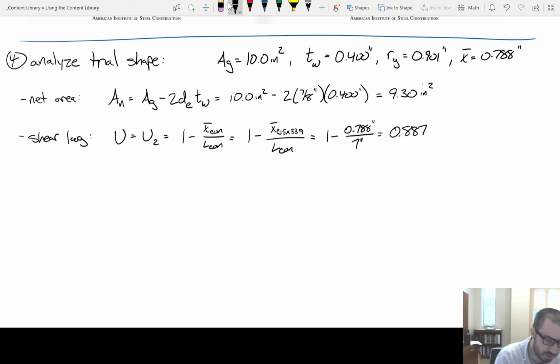Okay, so now we can look at our limit states.